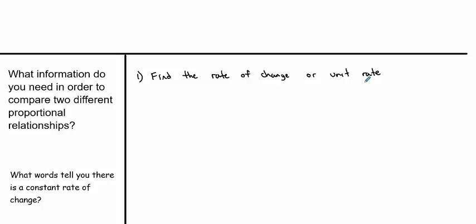So how do we find that? We can write equations for the situation. And if it's a proportional relationship, then we know the equation is going to be y is equal to mx, and this will be our rate of change. Oh, that looks familiar, doesn't it?